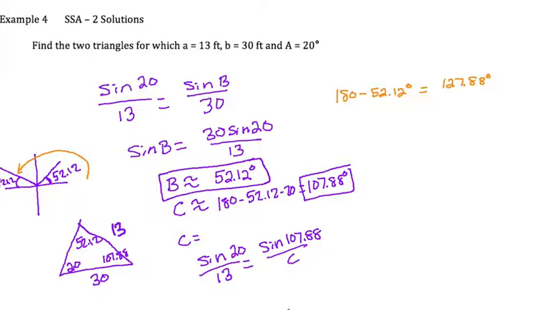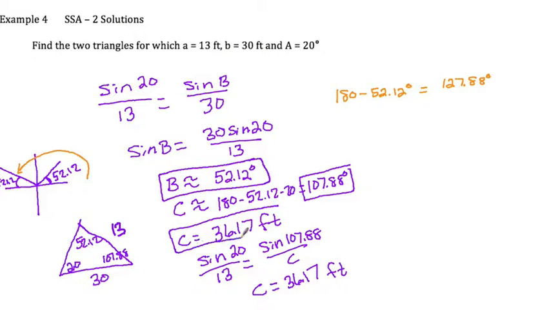When you work that out, you're going to come up with C is 36.17, and we're talking about feet, so that is 36.17 feet. So there are your three pieces of information using this first triangle.